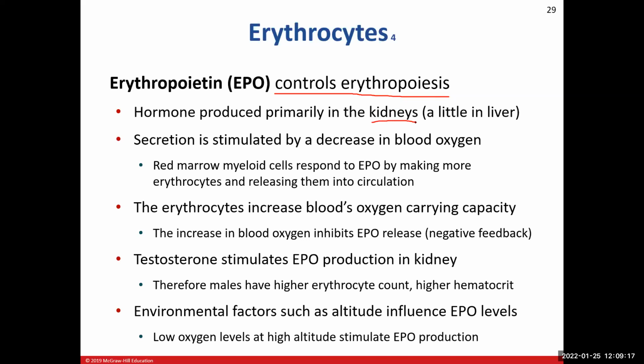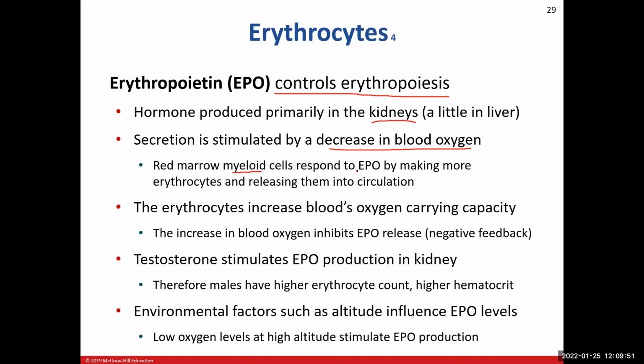And going back to our homeostatic mechanism, that reflex, the stimulus is going to be decreased blood oxygen levels. So the blood oxygen levels go down, and the machinery turns on in your red bone marrow, and it stimulates the myeloid cell line to start to produce erythrocytes.